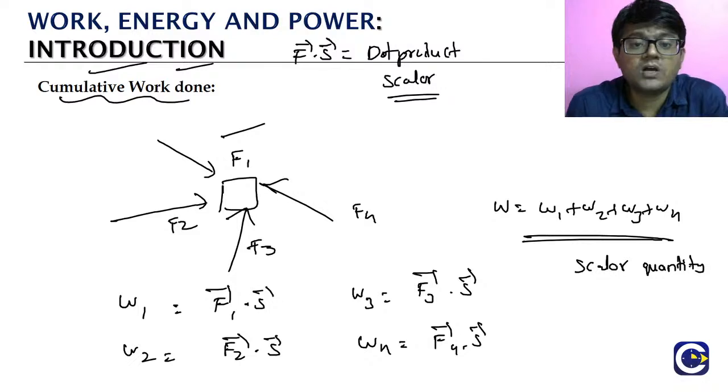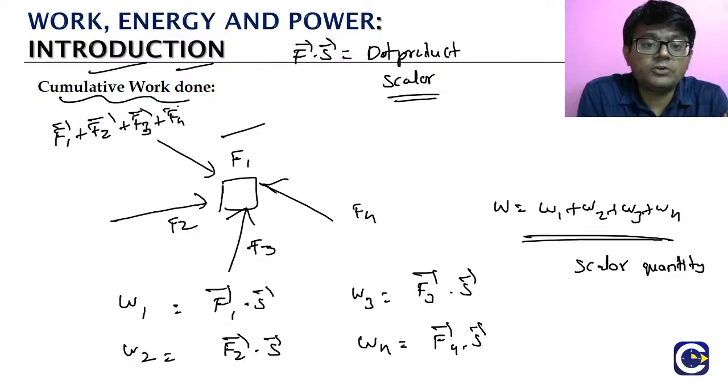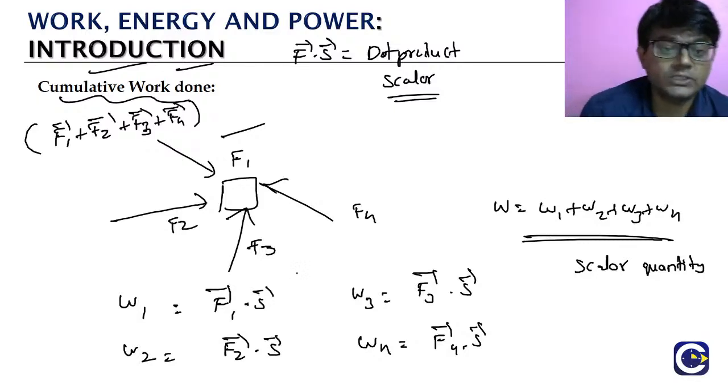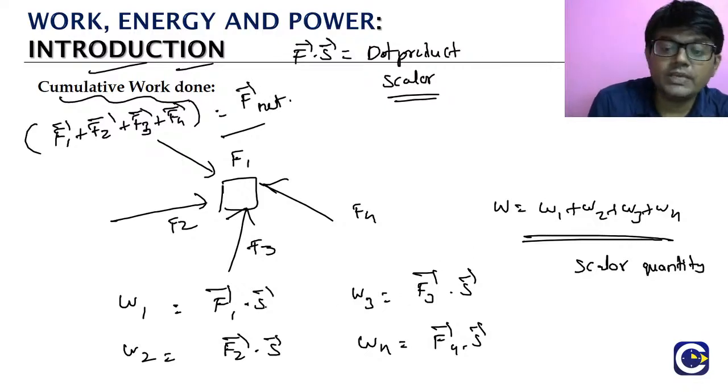Remember, when we talked about the net force acting on a body, how do you find the net force? We have to add all the forces vectorially. That is what gives us the cumulative force or the net force. Now look at this.